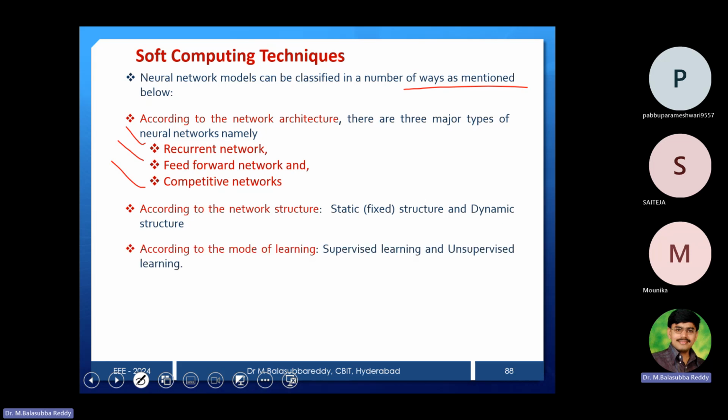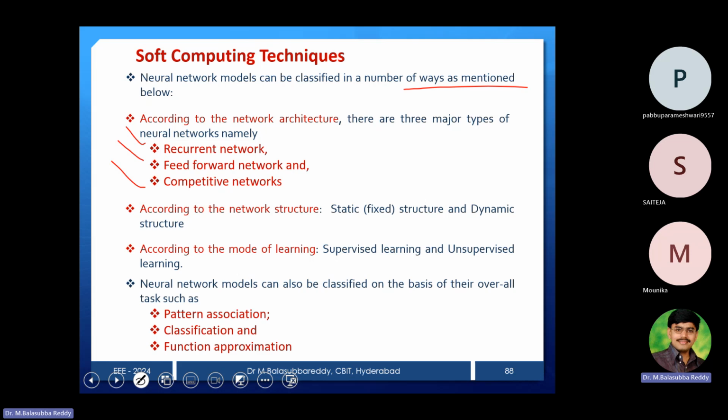Another classification is according to the model of learning, which is nothing but machine learning: supervised learning, unsupervised learning, semi-supervised learning, and reinforcement learning. So like that, we can categorize based on the mode of learning. And neural network models can also be classified on the basis of their overall task: pattern association, classification, and function approximation.